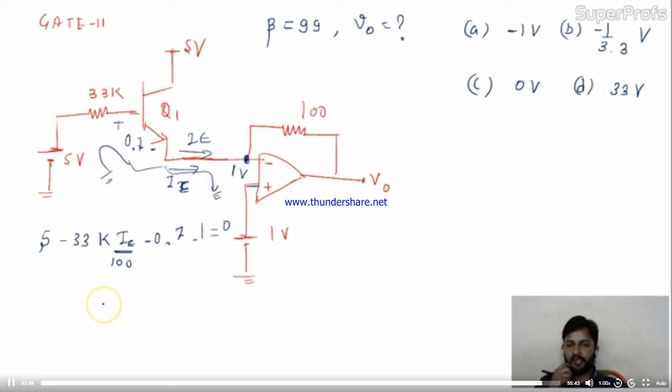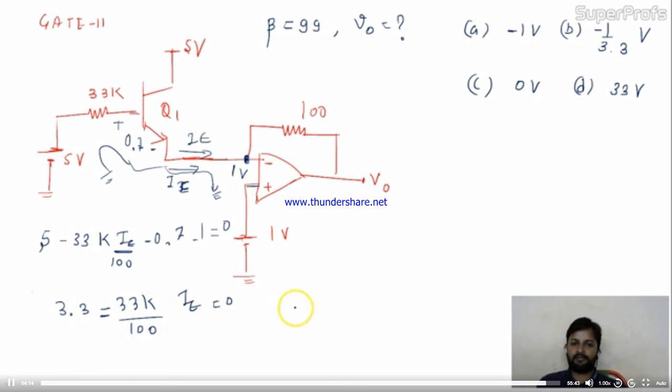So this is 5 minus 1, 4, and this is 0.7. 4 minus 0.7, so 3.3. Minus 33K over 100 times IE equal to 0. Okay. So you will take it to this side.